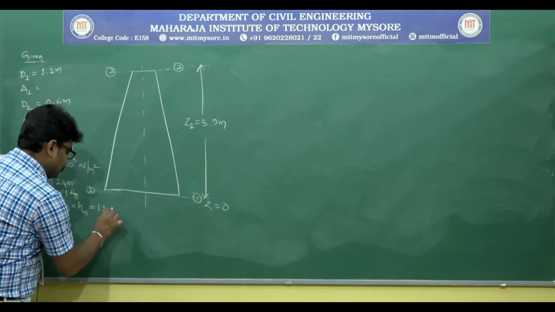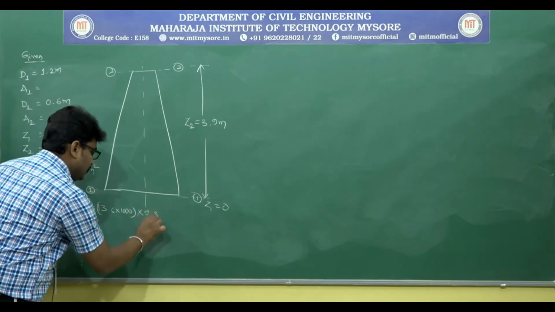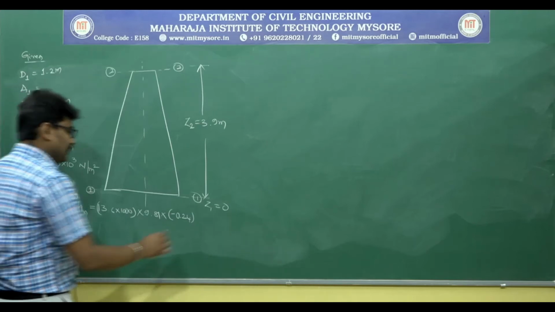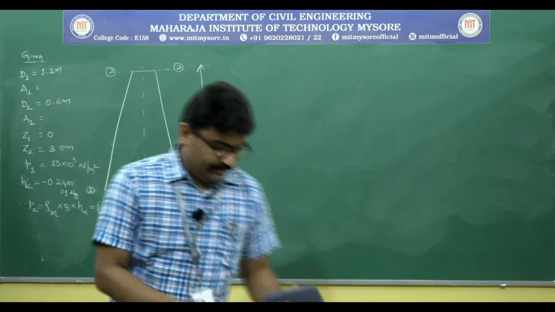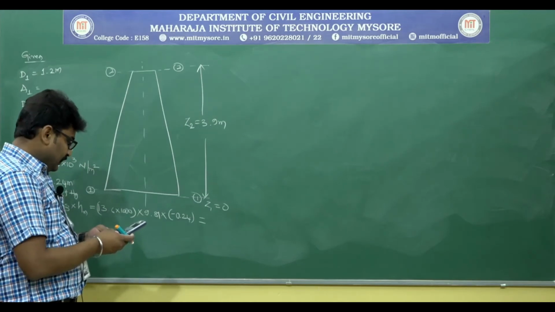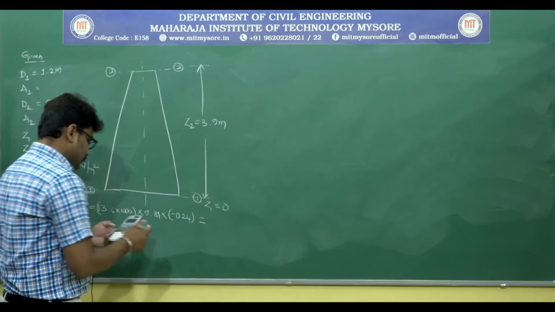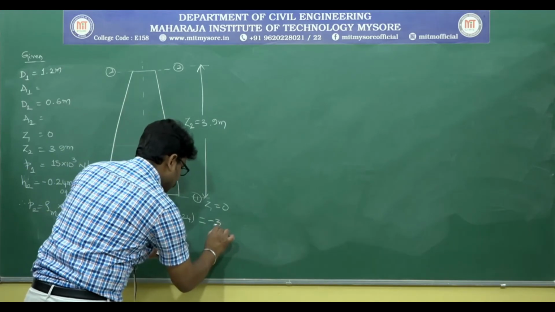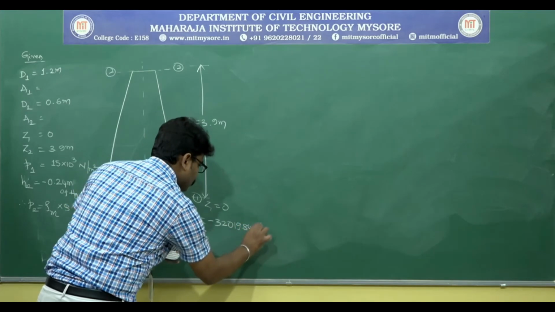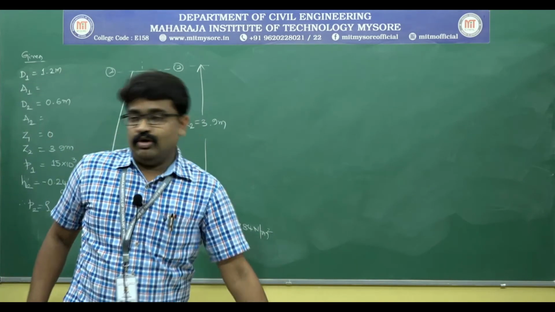It is nothing but 13.6 into 1000 into G, which is 9.81, into minus 0.24, because 240 millimeter, which is equal to 13,600 into 9.81 into 0.24. So which is nothing but minus 32019.84 Newton per meter square, with a negative sign because he says it is vacuum.